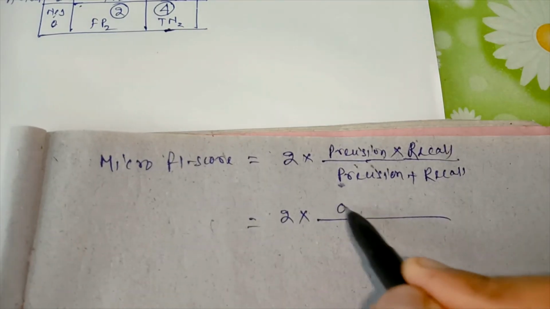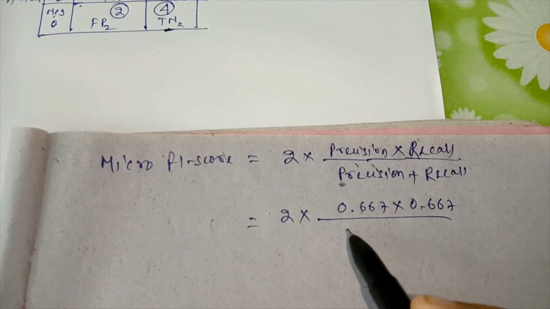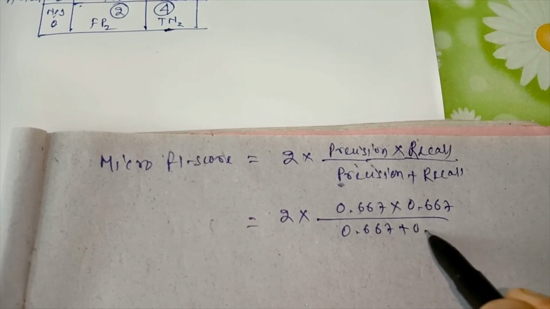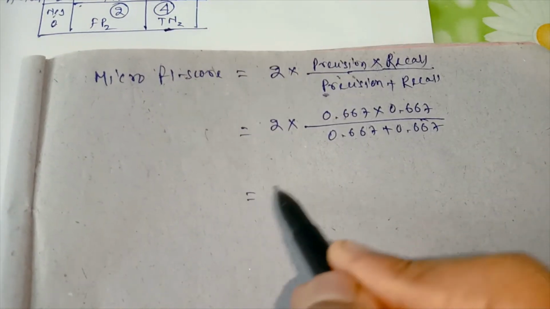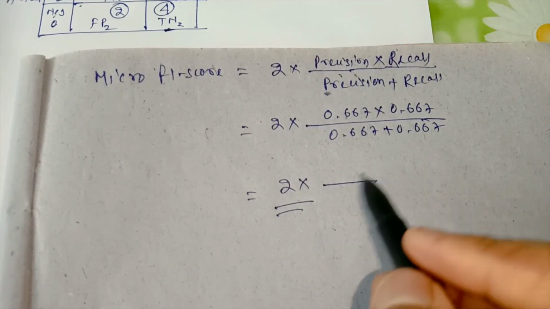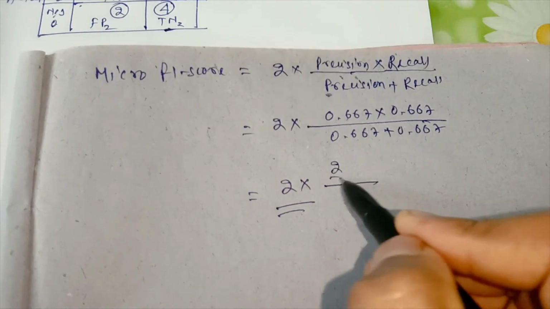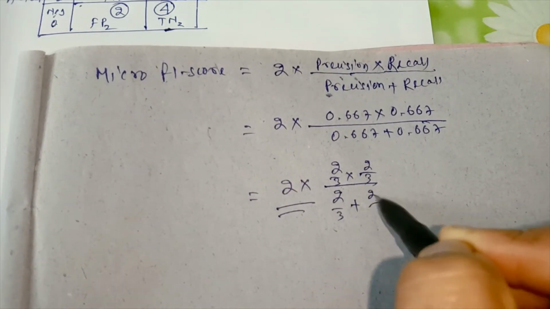So 2 times 0.667 into 0.667, divided by 0.667 plus 0.667. Doing the calculation, this is 2 by 3 into 2 by 3, divided by 2 by 3 plus 2 by 3.